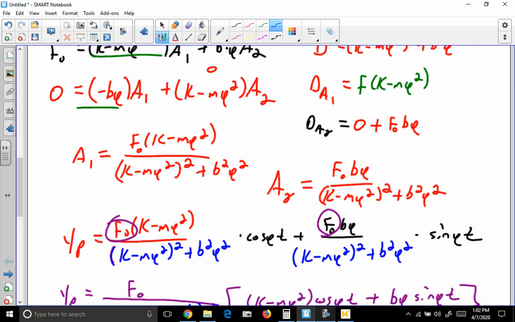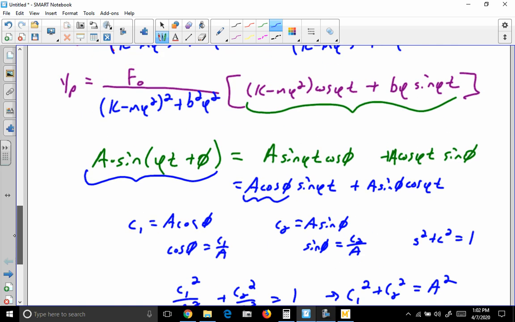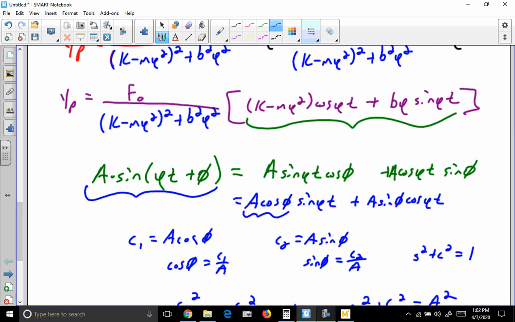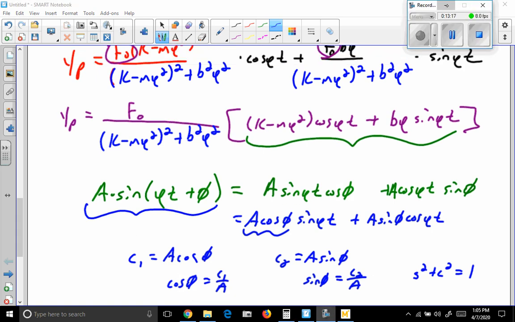Let me see. So C1 is a cosine phi. So let's see if I use this.